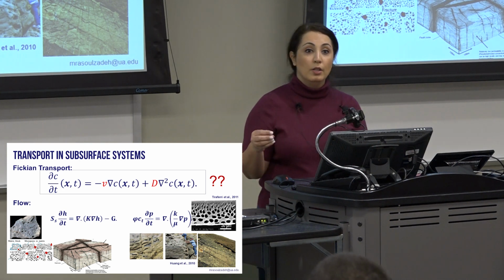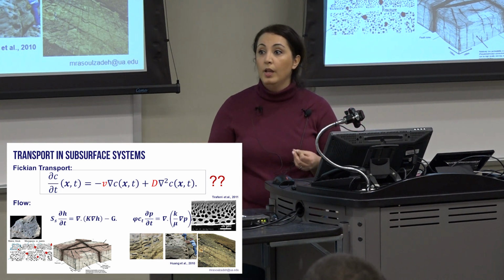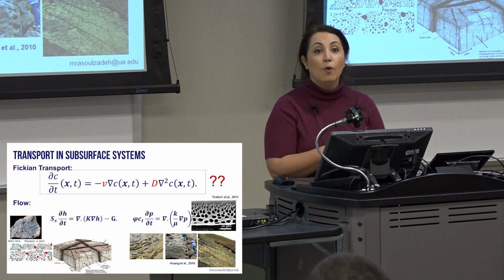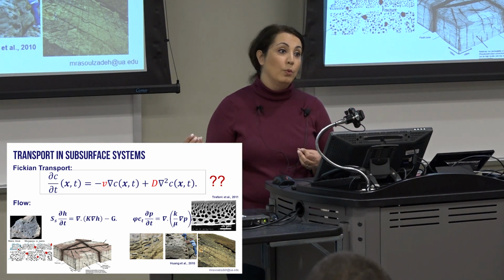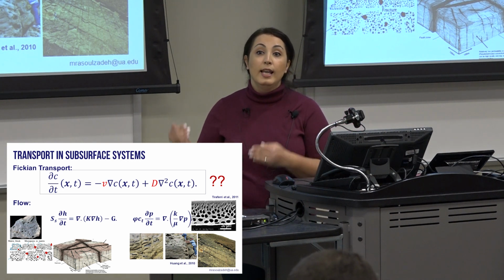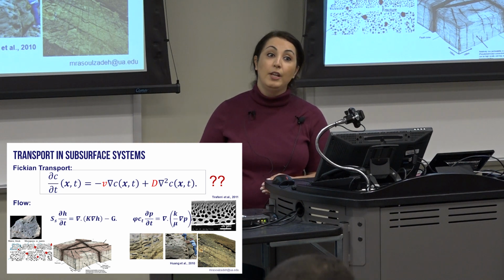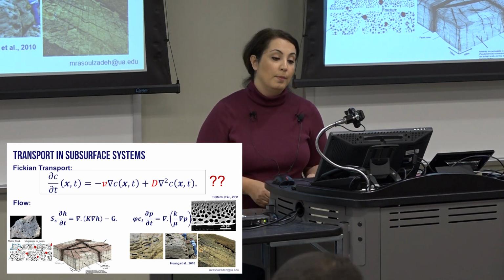Some parts of the domain will create preferential pathways of flow. The fluid will flow faster in those pathways compared to the rest of the medium, and we have more significant advective effects in those areas.